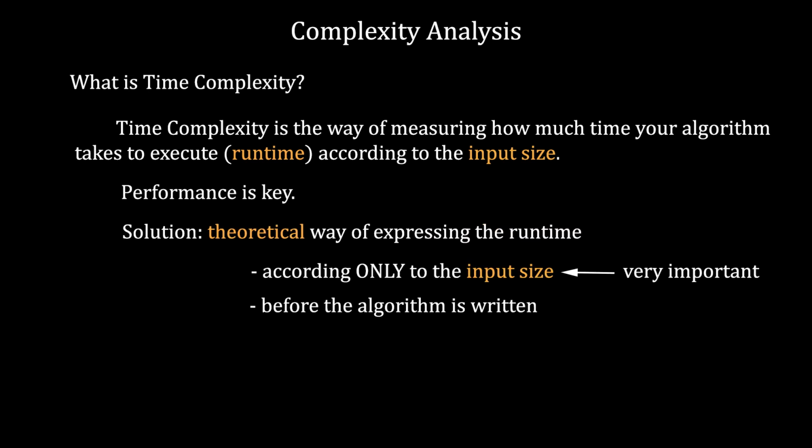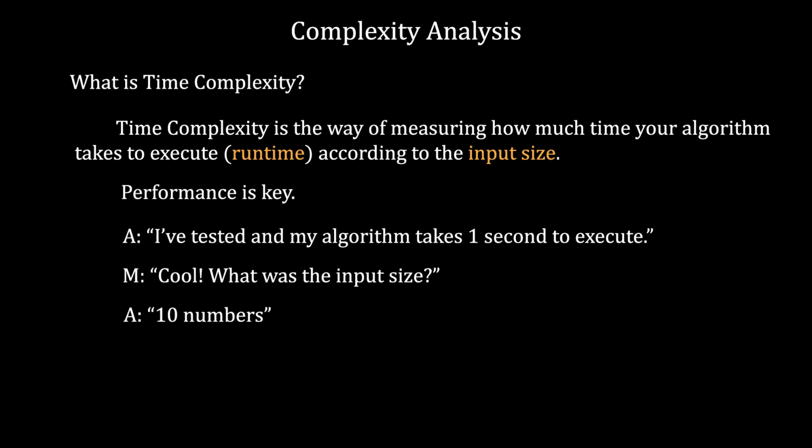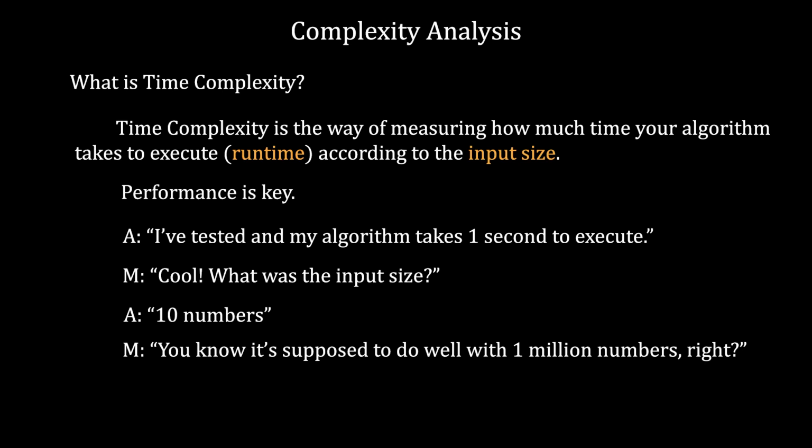I will repeat this because it's super important. The time complexity should be expressed only according to the input size. And let's imagine a fictional dialogue between me and Mircea. Hey, I've tested and my algorithm takes 1 second to execute. Cool, what was the input size? 10 numbers? You know that this algorithm is supposed to do well with 1 million numbers, right?